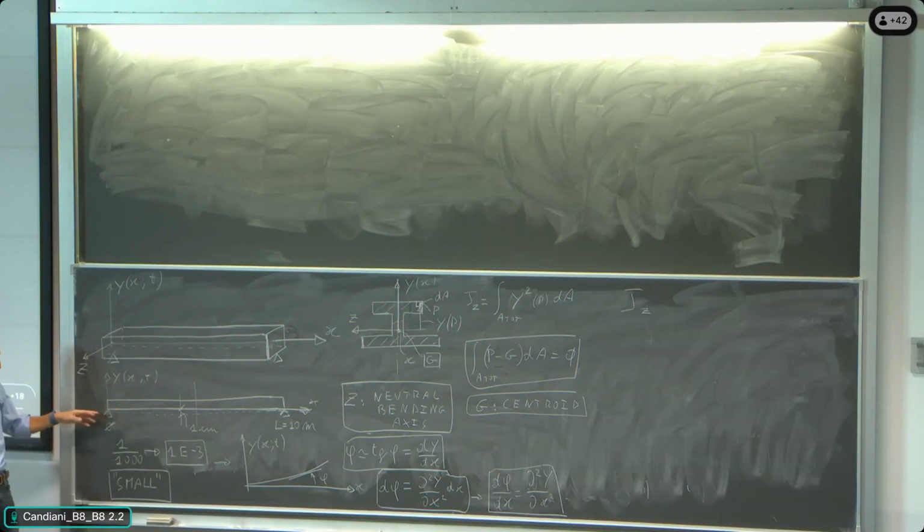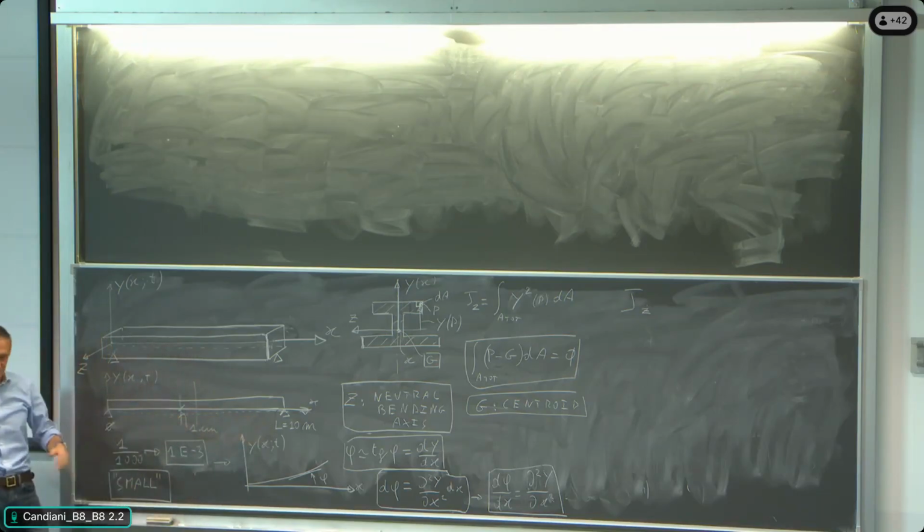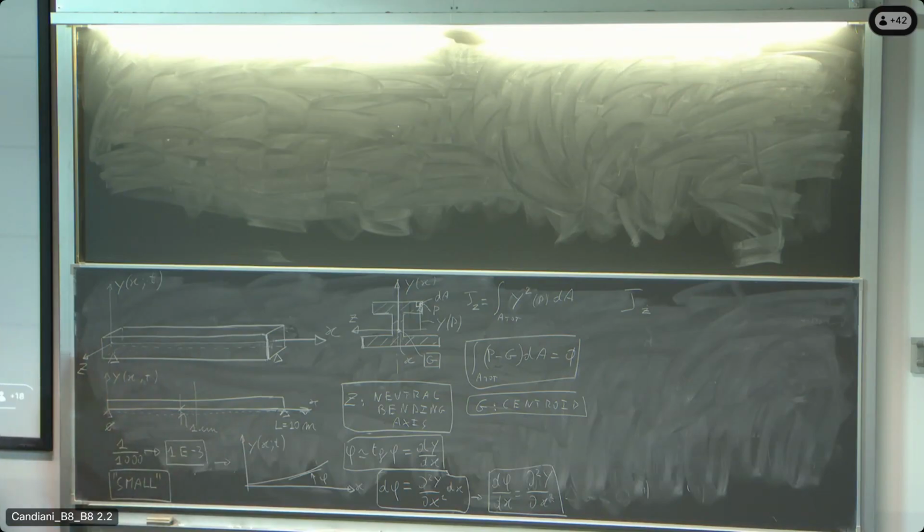So let's say that if we have a beam with a length of 10 meters and the bending displacement is 1 centimeter, then 1 divided by the length, 10 multiplied by 100, makes 1 divided by 1000. So this is small because the deflection is 1/1000 of the length. All the theory of infinitesimal amplitude of the displacement works with something like that.